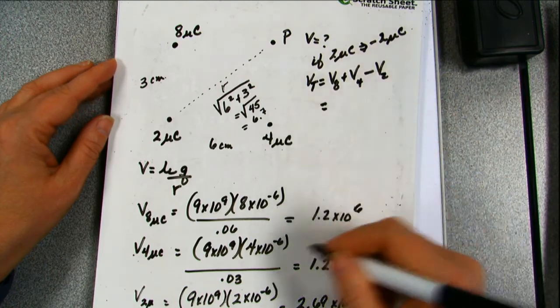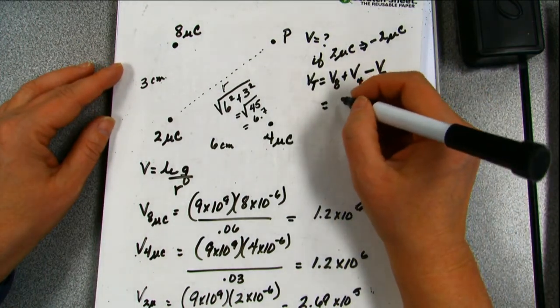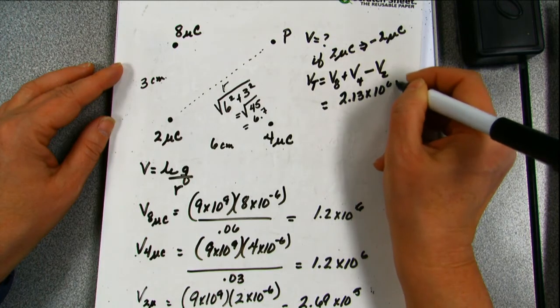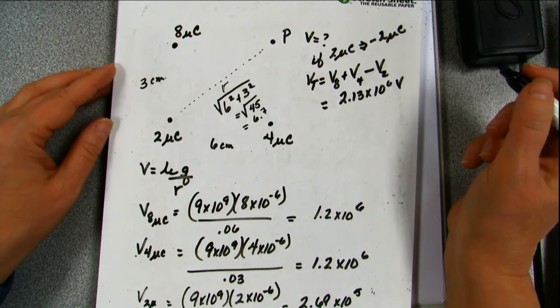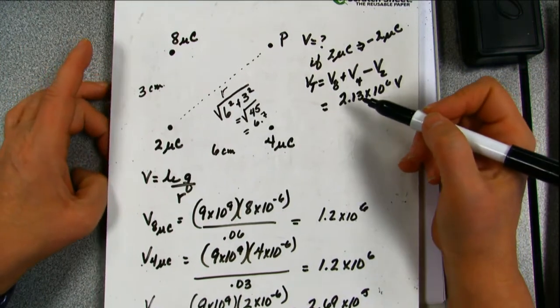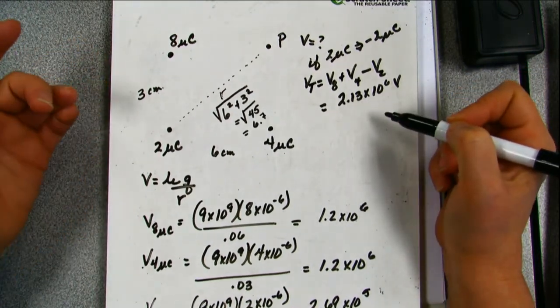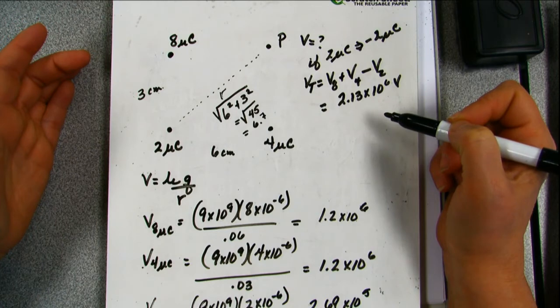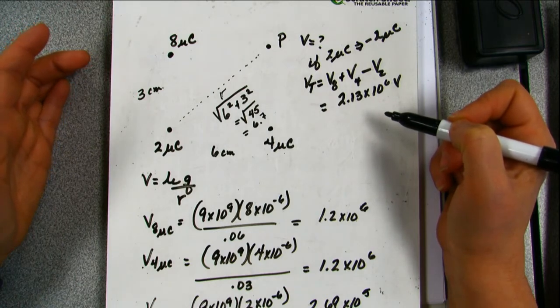And if I plug in those same numbers, I'm going to end up with 2.13 times 10 to the sixth volts. So now I don't have to calculate my vector components, I just have to calculate the magnitude. So using the scalar is really going to help me out.